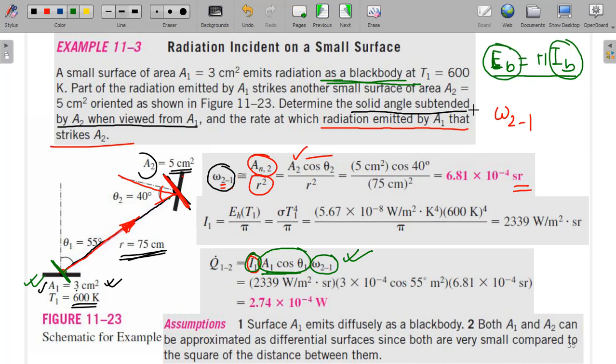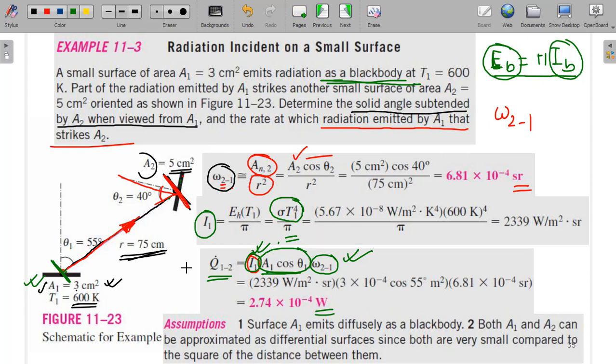EB you know from the Stefan-Boltzmann law, sigma T1 to the power 4, and divide by pi, you will get the intensity. Once you know the intensity, just put in the value and you will get, in watts, how much energy will strike surface 2. So this is the way we can solve the problem.